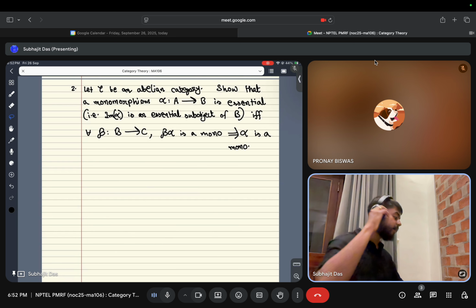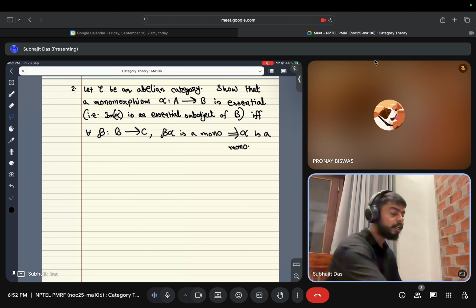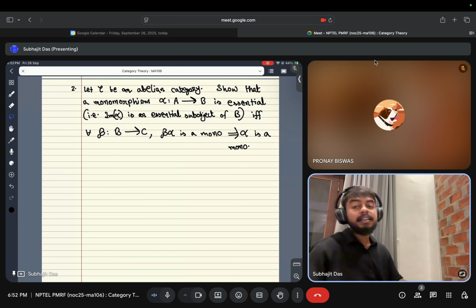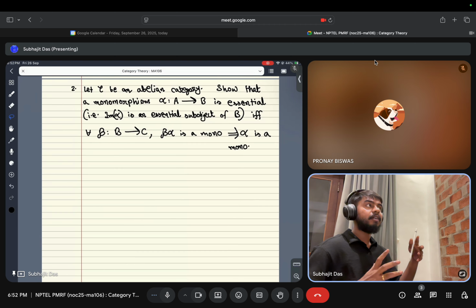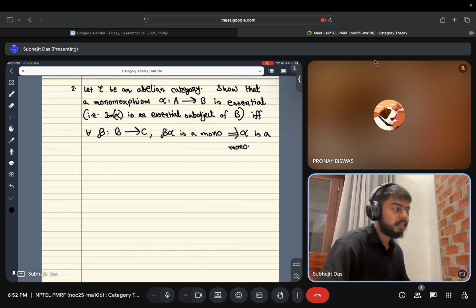Okay, so we know what an essential monomorphism is. It is exactly a monomorphism whose image is an essential subobject. So what is an essential subobject of an object? It's a subobject such that if you take any arbitrary subobject of your big object, then if that subobject is non-zero, it will intersect.